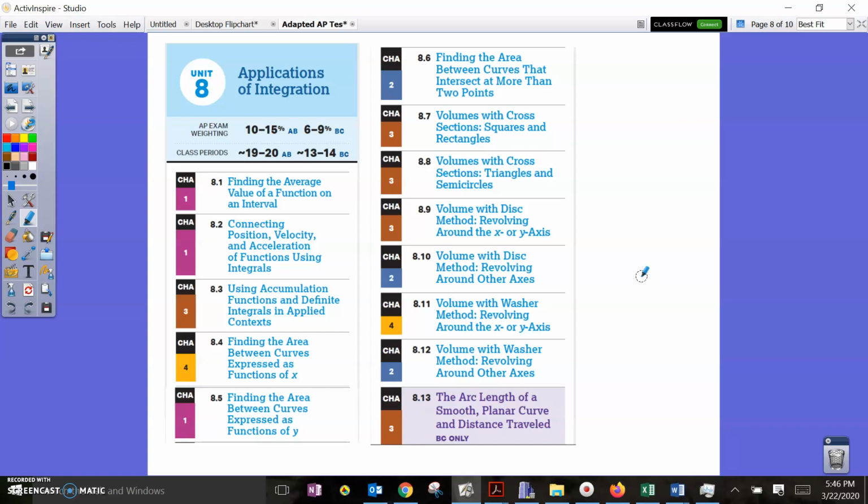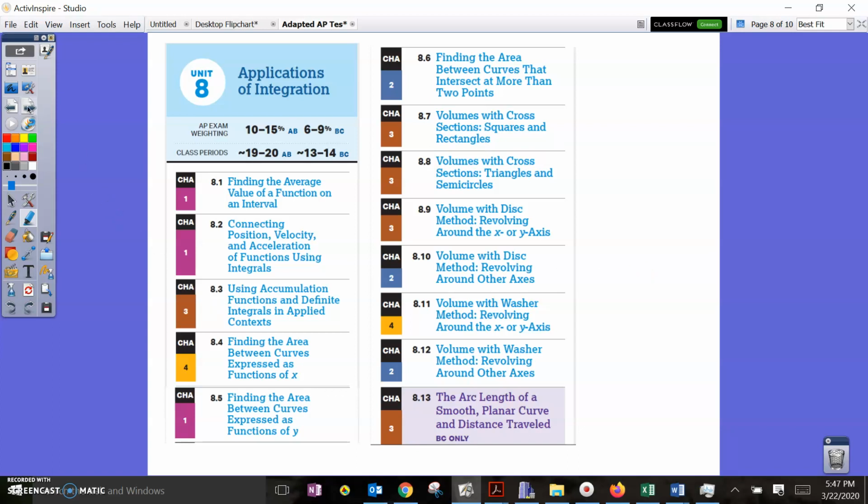Finding average value, the connection between position, velocity, and acceleration using integrals, accumulation functions in applied contexts, area between curves, either as functions of x or functions of y, area between curves with multiple intersection points, more than 2, cross-sectional volumes, volumes of revolution, disks, washers, and then the last one here, which is a BC only topic, the arc length and distance traveled along a smooth planar curve. So everything in Unit 8 is eligible to be asked about on the modified BC exam.